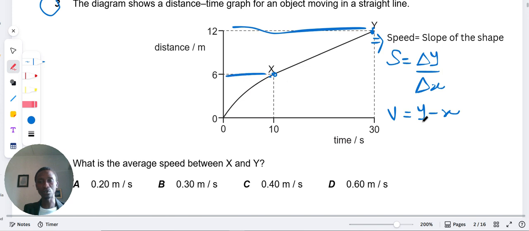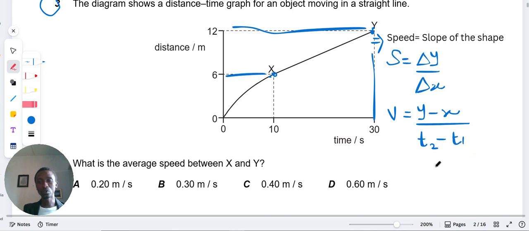So that will be y minus x over, then with respect to the time, this will be the final time. We can call that t2, then subtract the initial time. We can call it t1.